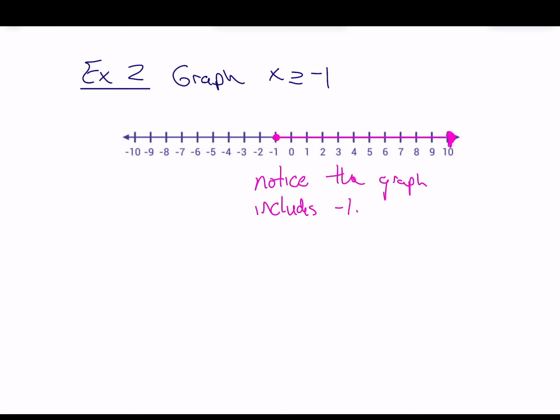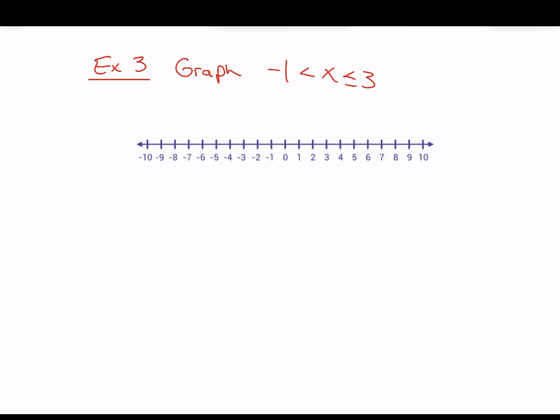Well, what would happen if we had an inequality that involved two different numbers? Let's try that in an example. Okay, so example 3, we want to graph -1 less than x less than or equal to 3. Now this has two separate numbers in it, and what it really means is that our x is greater than -1 and our x is less than or equal to 3.